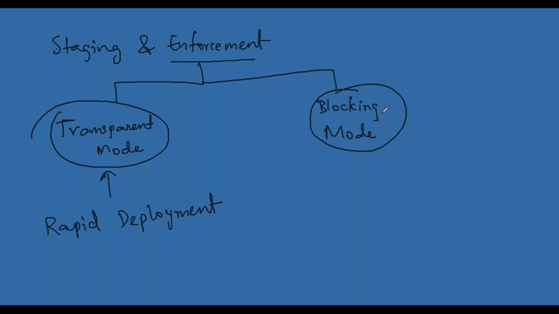The policies that we create using fundamental or comprehensive templates will be by default in blocking mode. Whenever you create a policy, you can change it at a later point of time from transparent to blocking, or from blocking to transparent.